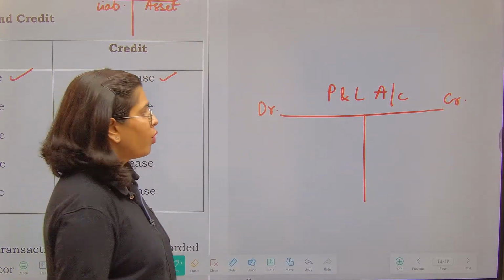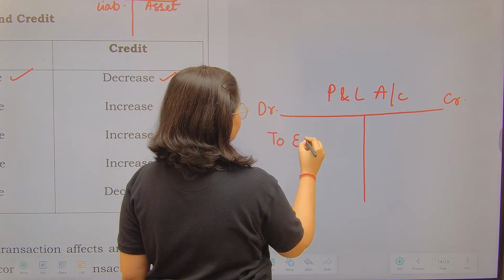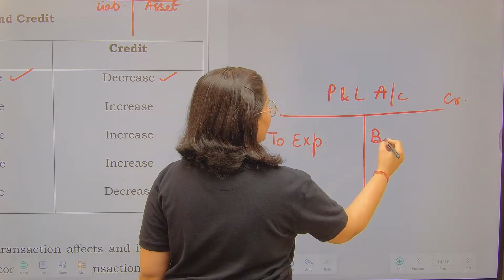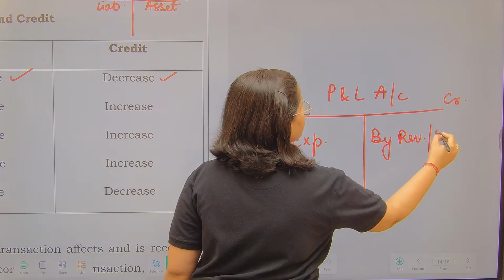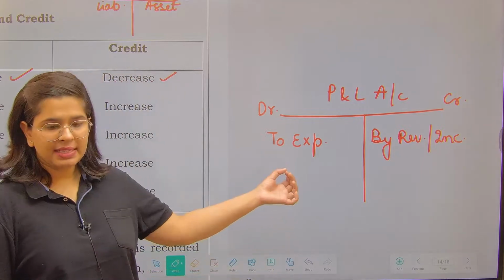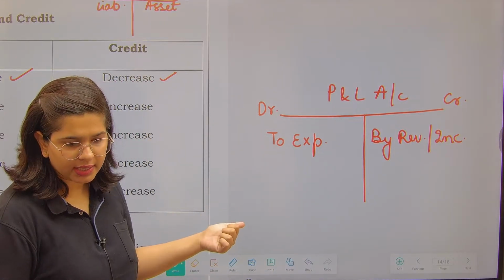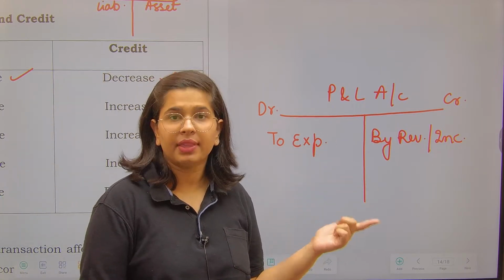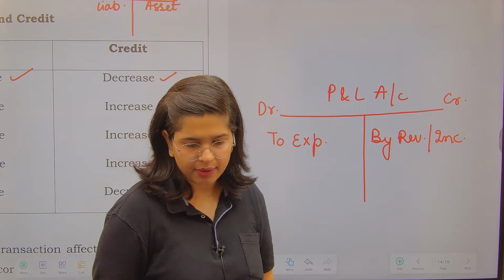Now all the expenses are written over here and all the incomes are written over here. Revenue or income. So expenses, if you debit the expense, they are going to increase. And if you credit the income, they are going to increase. So this is the relation that you have to remember.